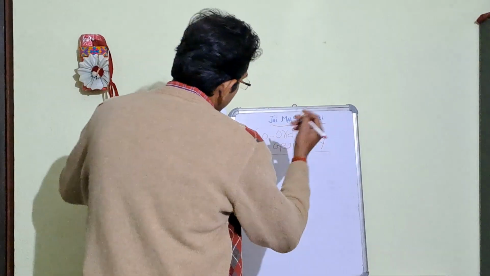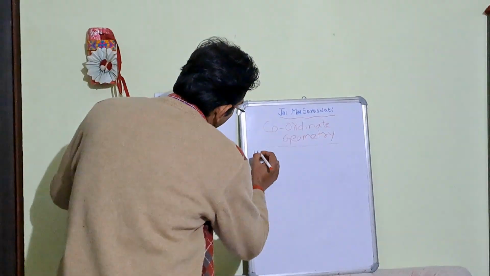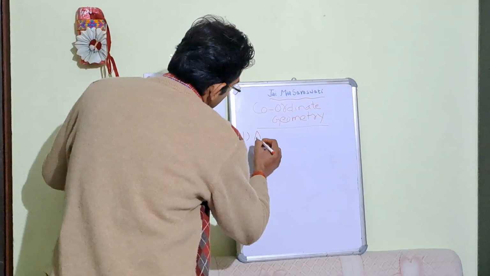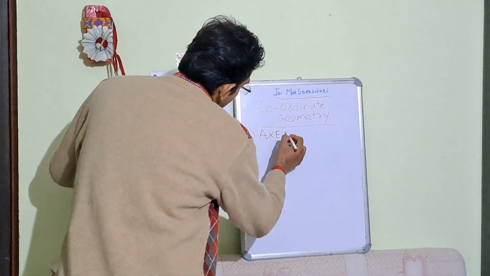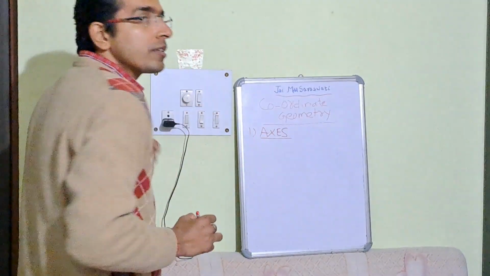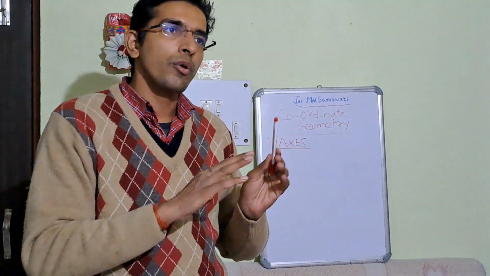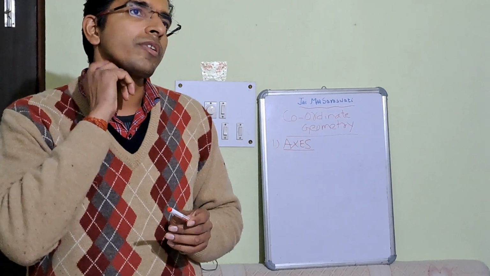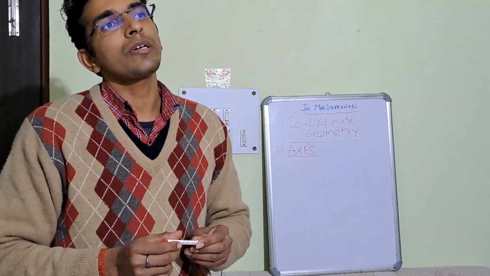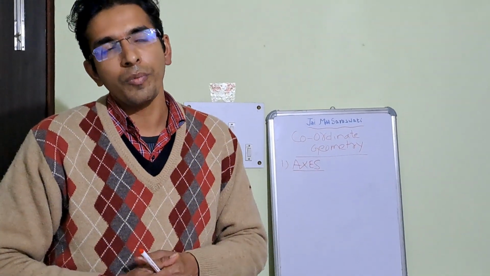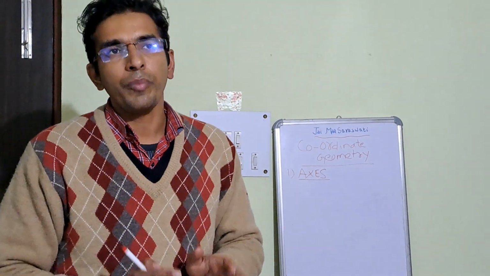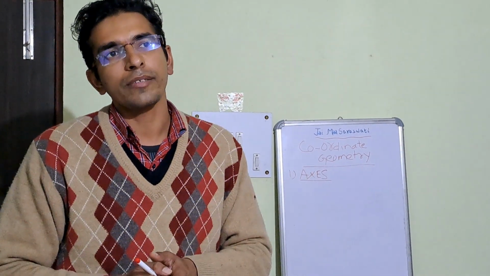The first thing we need to know is the axis. We already dealt with this in surface geometry, where we discussed the two-dimensional part, mainly the length and breadth, that is the x-axis and the y-axis.